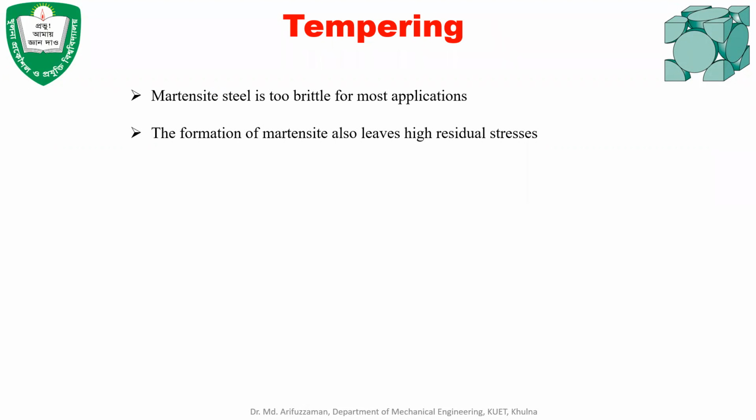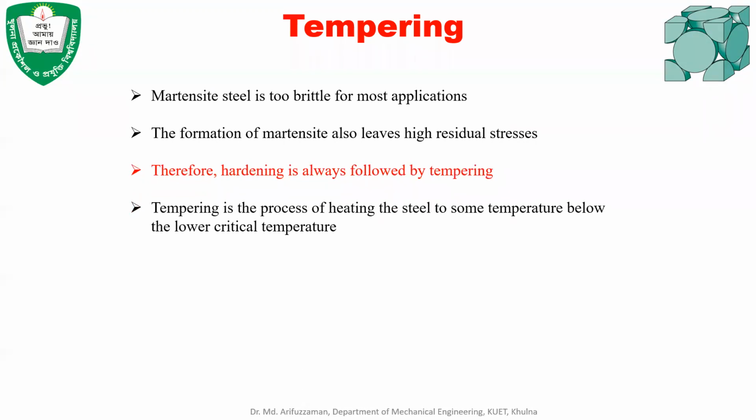And the formation of martensite also leaves a high residual stress. A huge amount of residual stress is developed in the structure. Therefore, hardening is always followed by tempering. After hardening, you need to do the tempering to relieve some residual stresses as well as to obtain some toughness. That means some ductility can be enhanced.